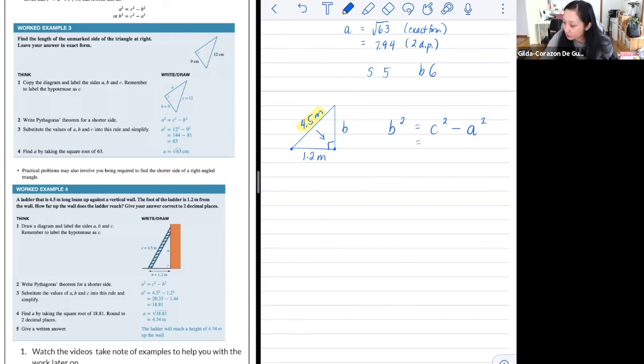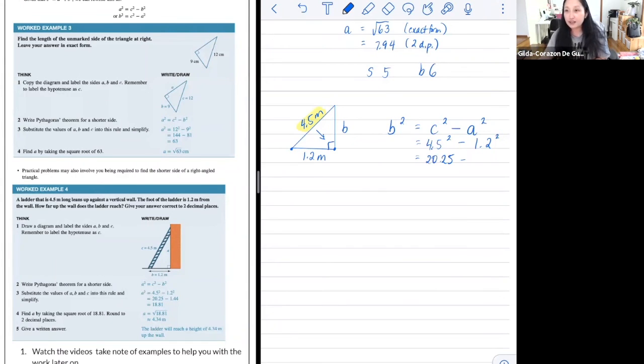So now I can write and replace C with 4.5, put the square in, minus 1.2, put the square. I won't be able to do that in my head. I need my friendly calculator. And what do I get? 4.5 squared is 20.25. Thank you. Minus 1.2 squared.